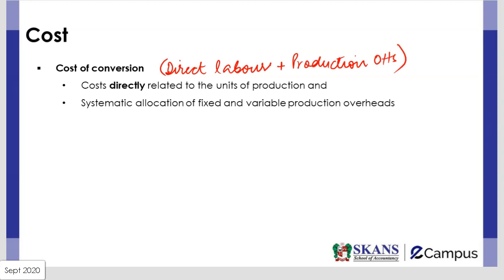They are production overheads. So do not just see the word depreciation or salary and say they are not going to be part of cost of inventory. If they are directly related to the production process, they will definitely become a part of the cost of inventory. So when you have the purchase cost and the conversion cost, you add them both and this gives you the final cost of your inventory.